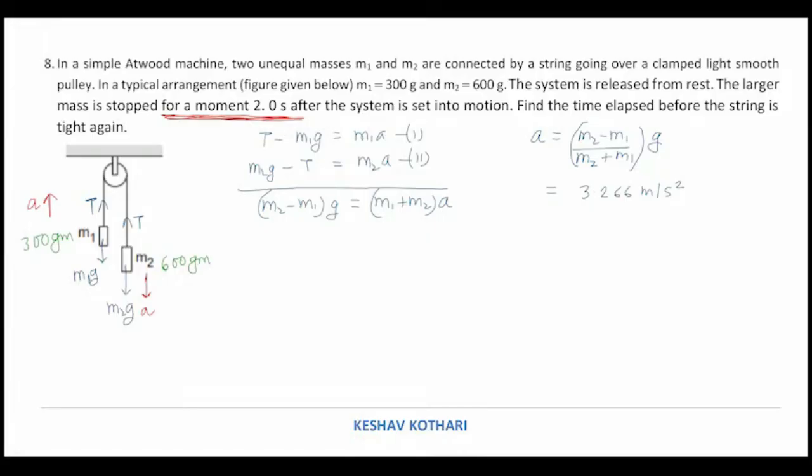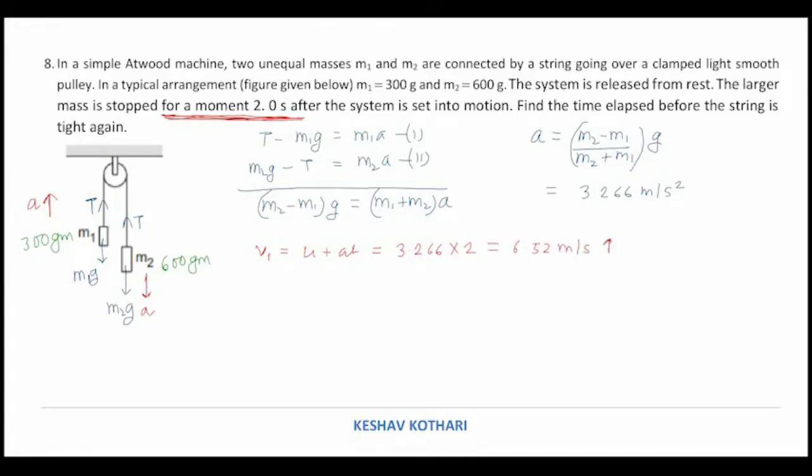m1 is moving in the upward direction, and I calculate the velocity of m1 in the upward direction after 2 seconds. Applying the equation v equal to u plus at, the initial velocity is 0, the acceleration we calculated is 3.266, and t is 2 seconds. So we obtain a value of 6.52 meter per second in the upward direction.